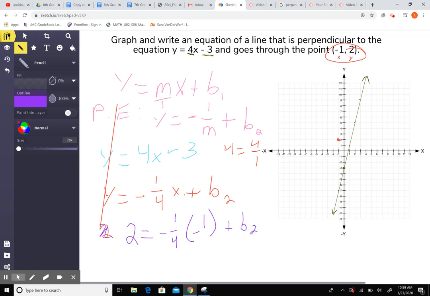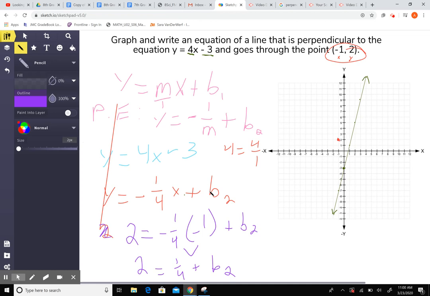So I'm going to multiply those two. Negative 1/4 times negative 1. A negative times a negative is a positive, and 1 times anything is itself. So this is just going to be 2 equals a positive 1/4 plus b2. Then I have to subtract, so I'm going to rewrite this over here so I have room.